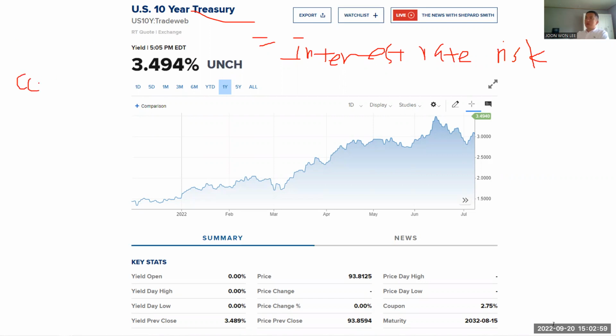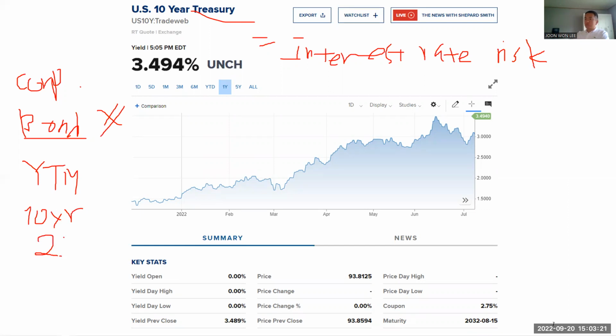But when we talk about corporate bonds, the corporate bond yield to maturity would not be the same as this one, even if it has the same maturity of 10 years and the same coupon rate of 2.75.